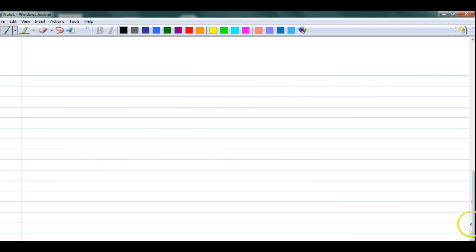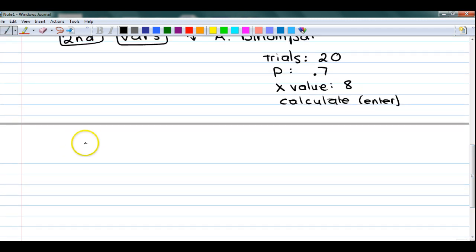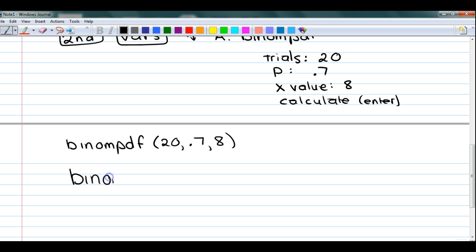Notice when you get to your home screen, what you see on the home screen is Binom PDF, and some of that might have run off the page. And it has parenthesis 20, 0.7, 8. If you have an older calculator, when you press Binom PDF, you'll just have Binom PDF on your screen with a parenthesis, and you have to learn it wants N first, it wants a comma, the comma key is right above the 7.